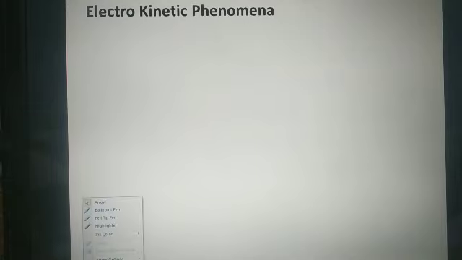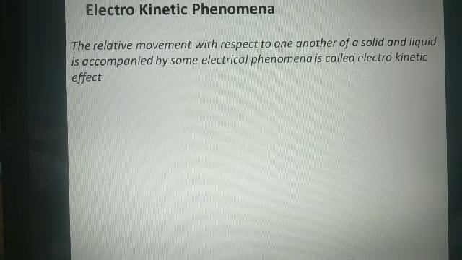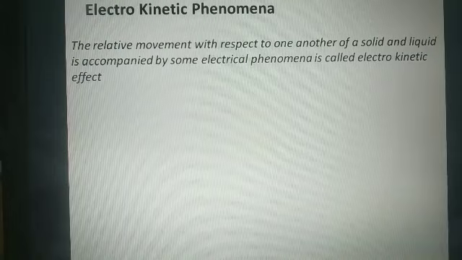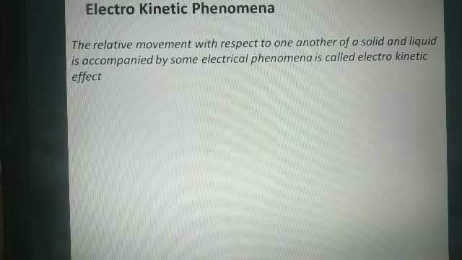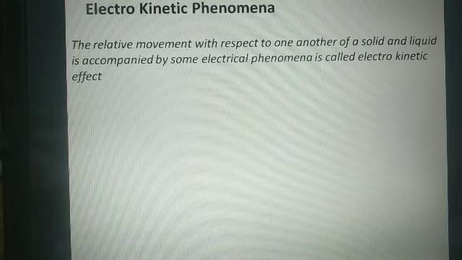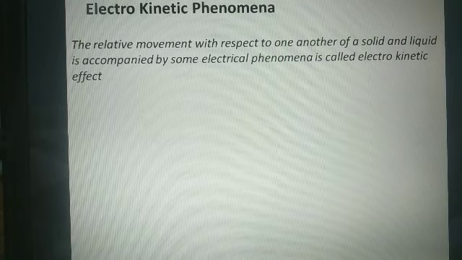Actually, what happens whenever we are having a relative movement of a solid and a liquid, and that is accompanied by some electrical phenomena, then that is termed as the electrokinetic effect. So there is a relative movement of one another, solid and a liquid.